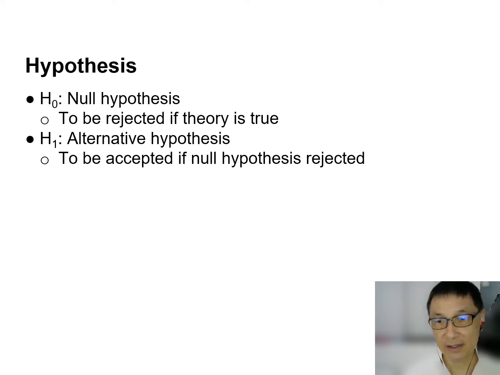The hypothesis that we want to test or prove is formally called an alternative hypothesis, usually denoted as H subscript 1. To accept the alternative hypothesis based on the data, we have to reject the null hypothesis, normally denoted H subscript 0.